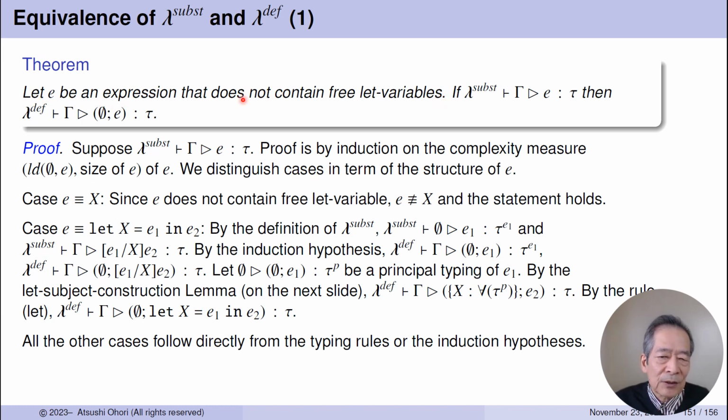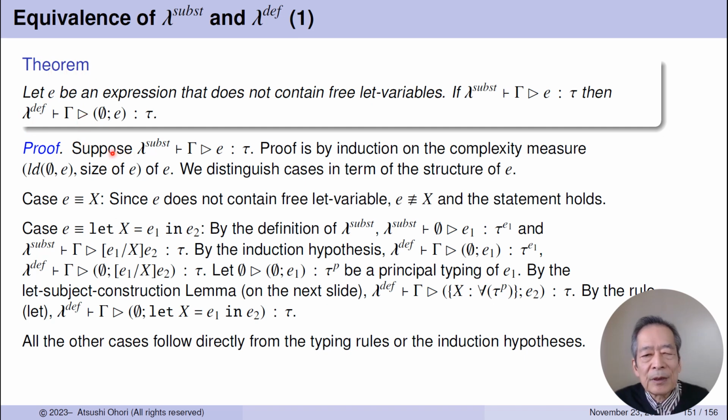So we assume this restriction, and then the theorem says that if some typing is derivable under this lambda subst, then the same typing, same expression under an empty let environment, let definition environment, declaration environment, this term with the same gamma and tau is derivable in this type system def.